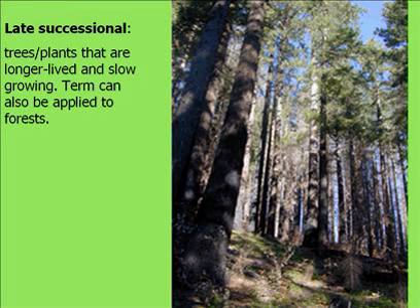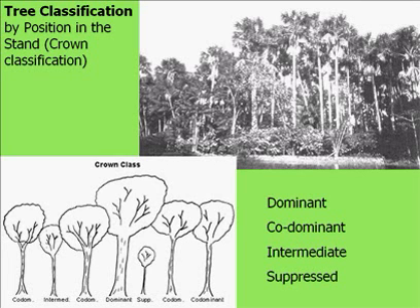Tree classification within the canopy is expressed by these four terms. The dominant trees in the canopy are the individual trees towering over the other ones. Co-dominant trees make up a similar level in the canopy, where they're all competing for light resources.